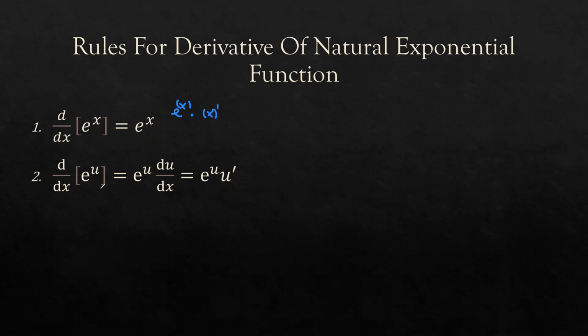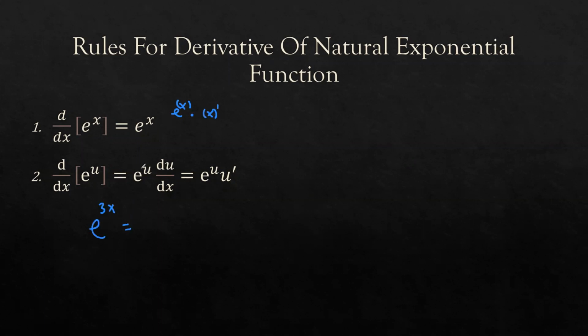The second rule is when the power is something other than x. So it's e to the u times du dx. For example, what if it was e raised to 3x?